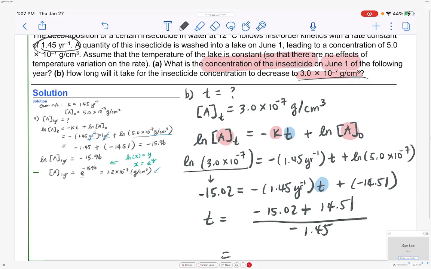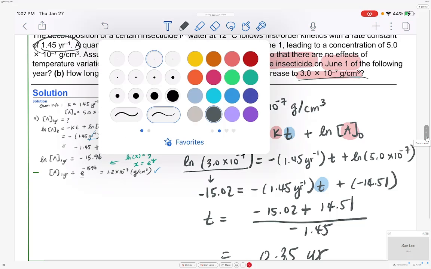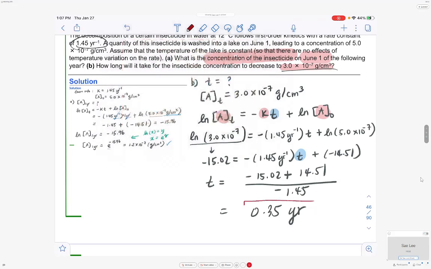That gives you 0.35 year. So this is the time it takes for the concentration to become 3.0 times 10 to the negative 7 gram per centimeter cubed.